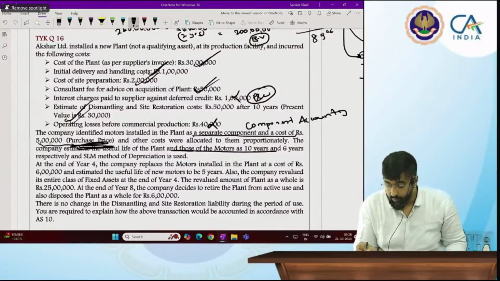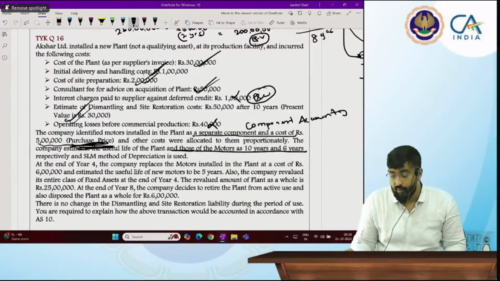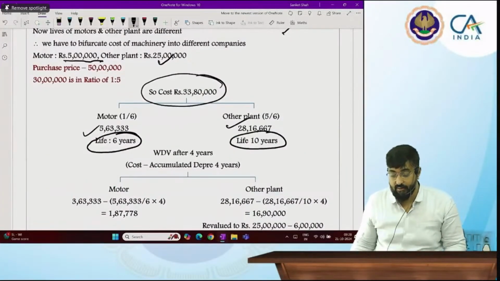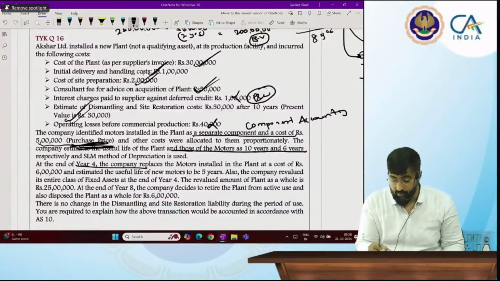Now what is given? The other costs were allocated to them proportionately. The useful life of the motor is 6 years and the plant is 10 years. Now what is the depreciation after 4 years, SLM?